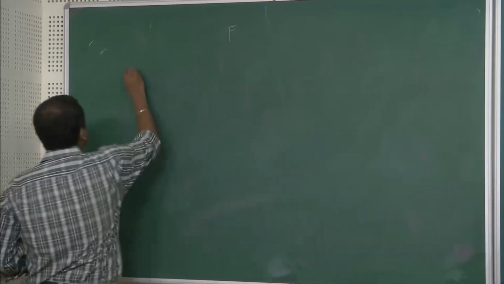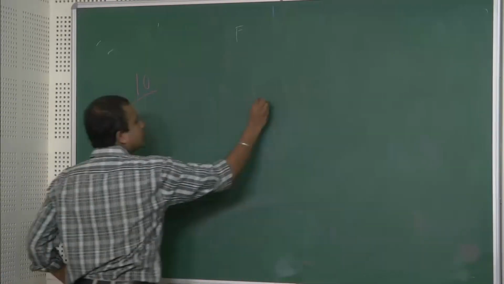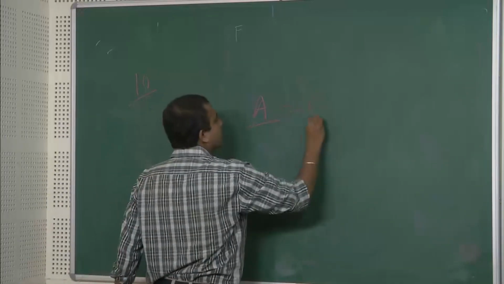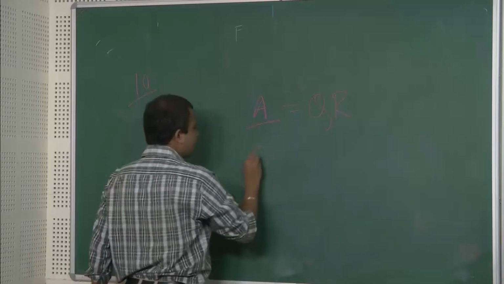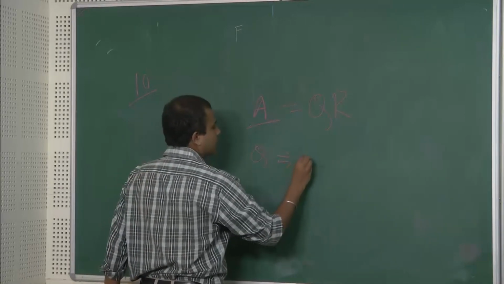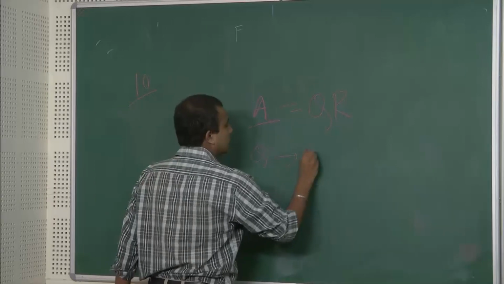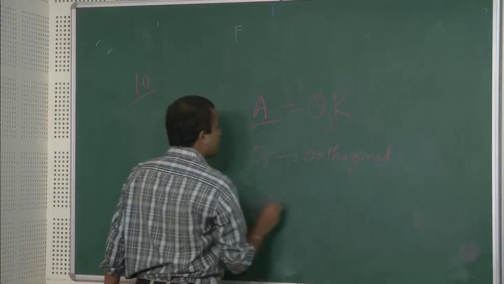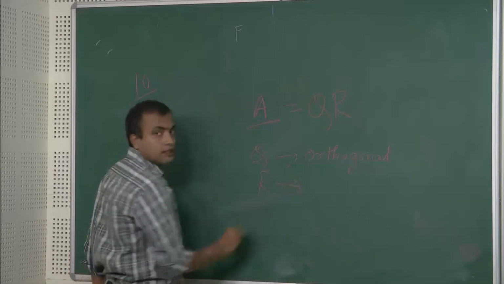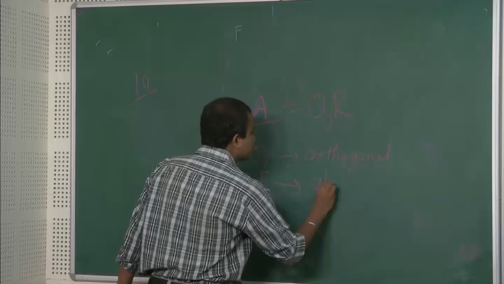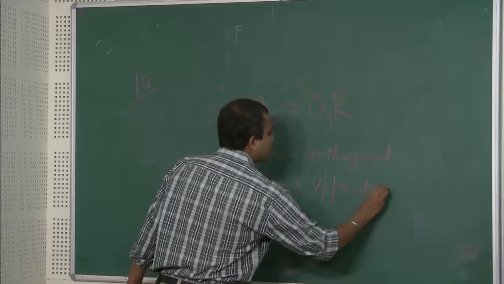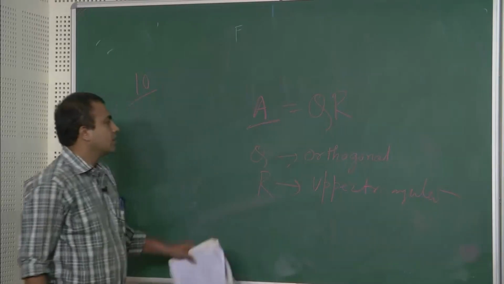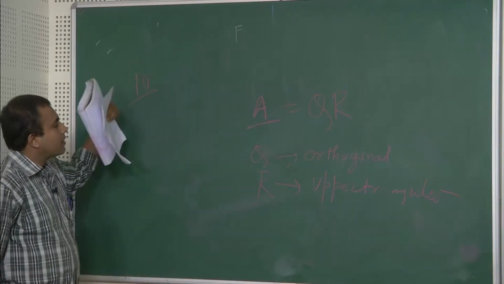So, number 10 we will not derive, because this is basically you have a matrix A which is given and you have to factorize it in QR, where Q is orthogonal and this R is an upper triangular. R is upper triangular. So, basically this is also rather simple.